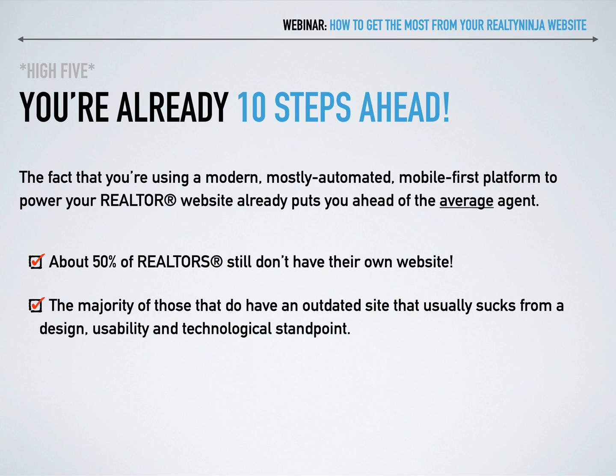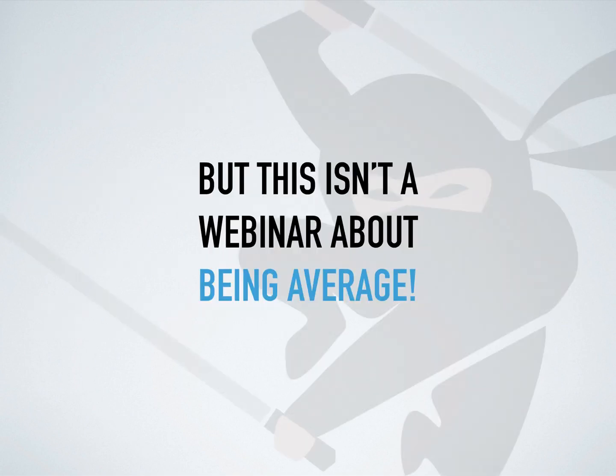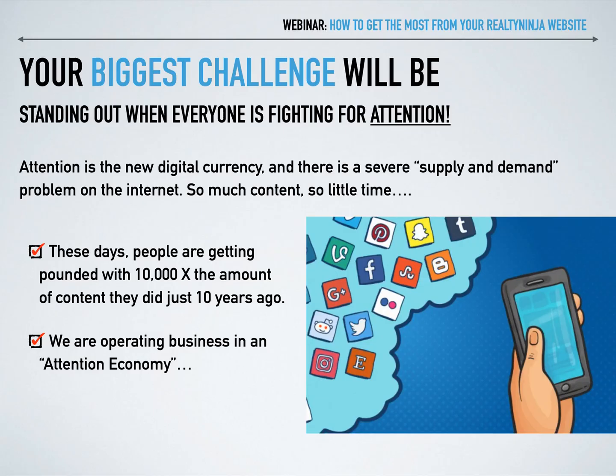And of the agents who do have their own website, an overwhelming majority of them don't look very good and don't really function that well from a usability standpoint. So again, give yourself a high five. You're well ahead of the average agent. However, this is not a webinar about being average. This is a webinar about getting the most out of your website. So let's get into it.